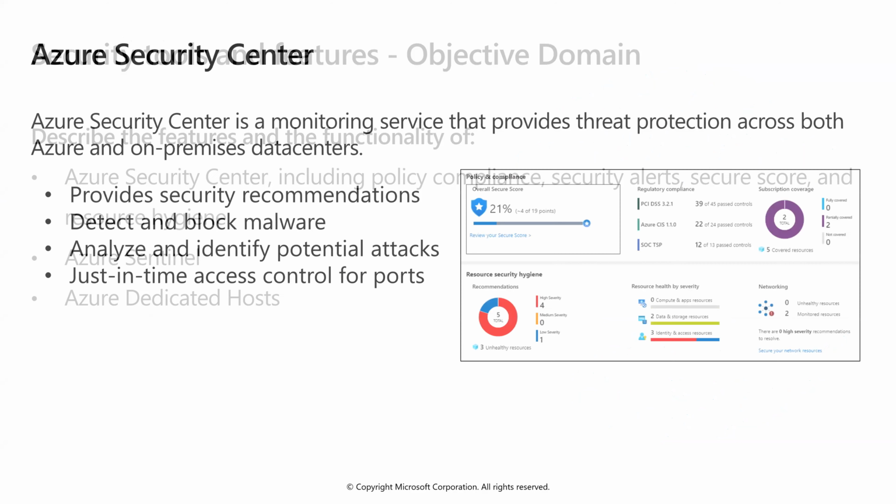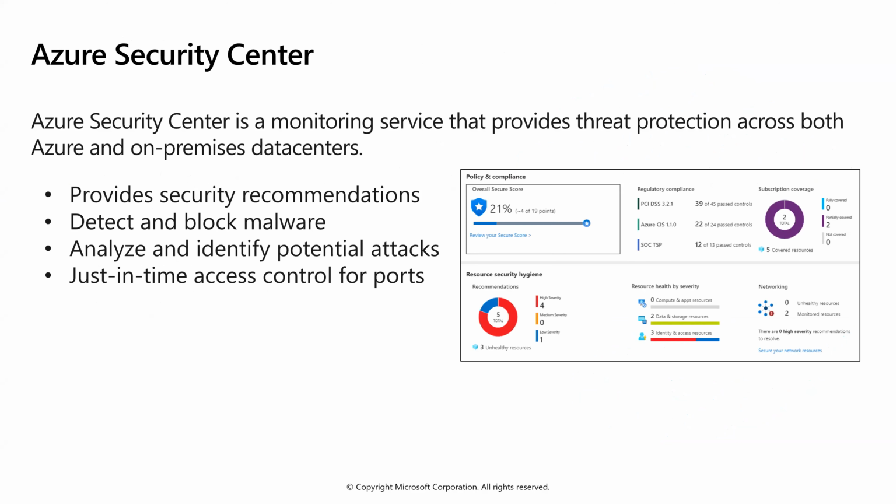service in Azure. So first of all, Security Center. Azure Security Center is a monitoring service pertaining to security that provides threat protection across Azure, on-prem data centers and the cloud. It can monitor the servers inside your data centers, not only in the cloud.